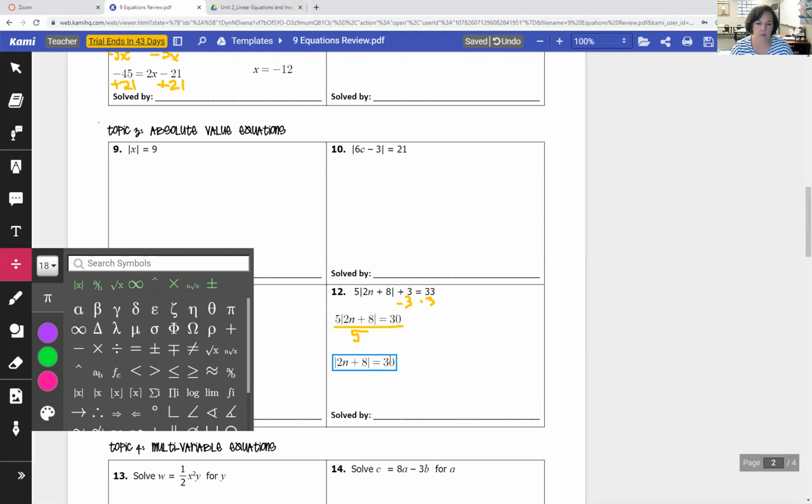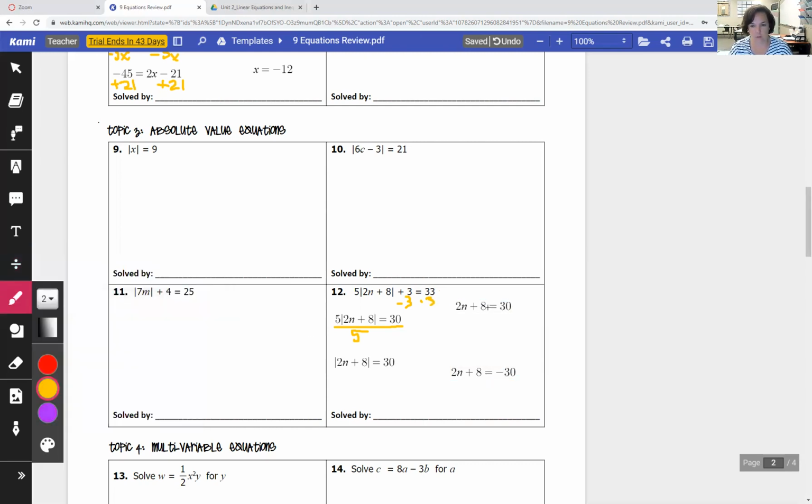In order to finish solving this, we would split this into 2 equations. We have 2n plus 8 equals 30 in our first equation, where we just get rid of the absolute value. And in our second equation, we have 2n plus 8 equals negative 30.